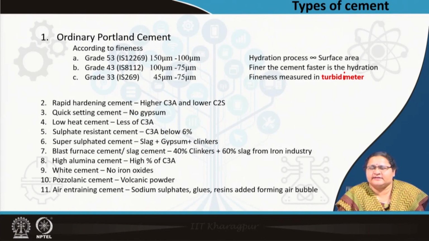Pozzolanic cement is made from volcanic rock powder, and air entraining cement is made when sodium sulfates, glues, and resins are added, it forms air bubbles within it, and that gives it lesser volume, lesser density, porous, insulating capacities.